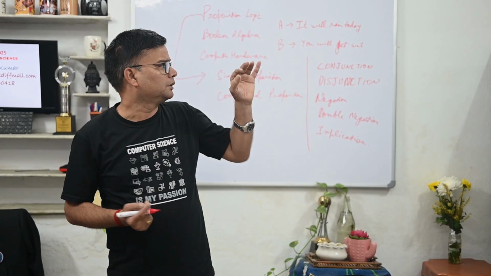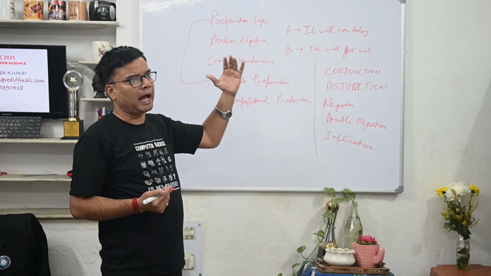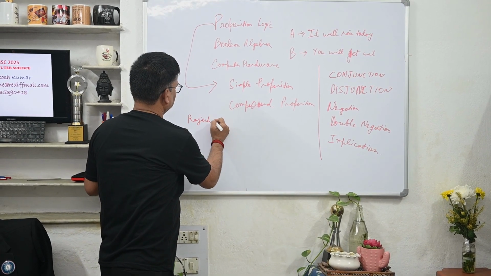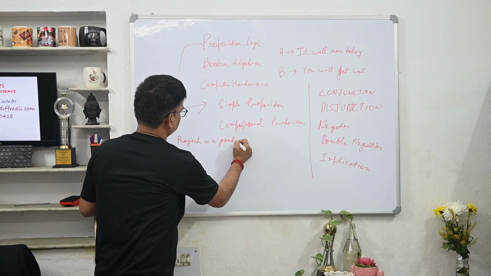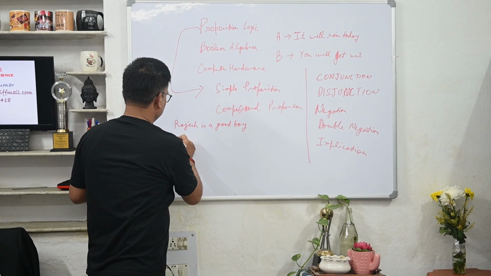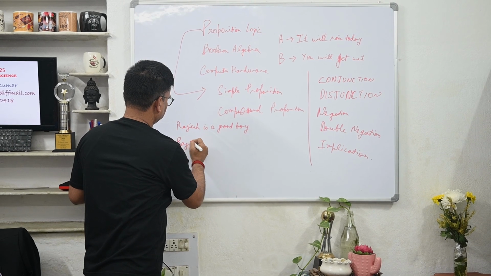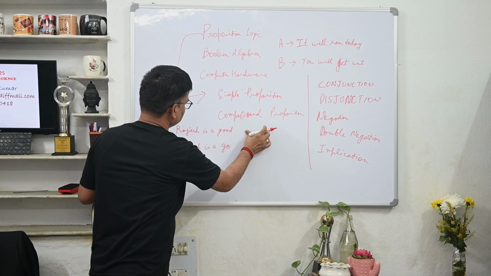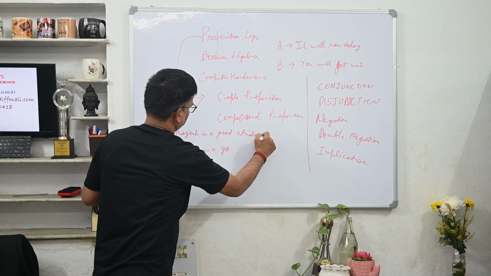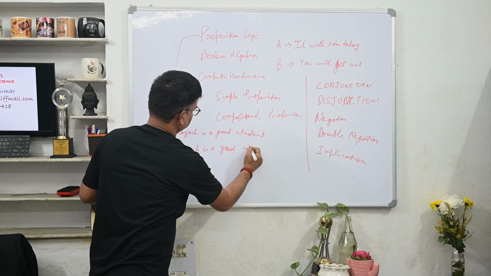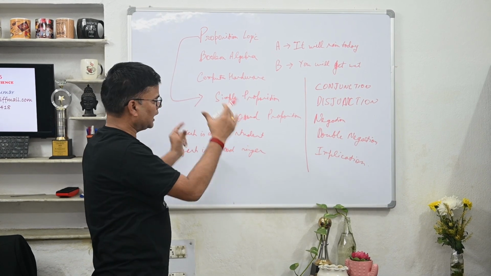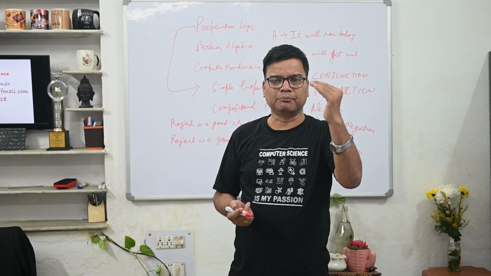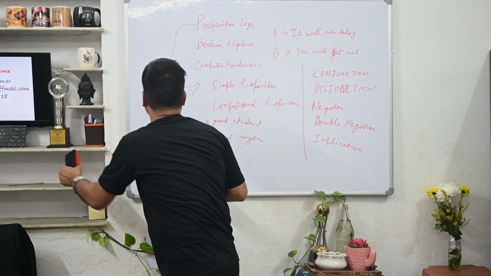Like if I say Rajesh is a good student, Rajesh is a good singer, I can combine them: Rajesh is a good student and he is a good singer. So I am using the AND operation to combine these two statements.